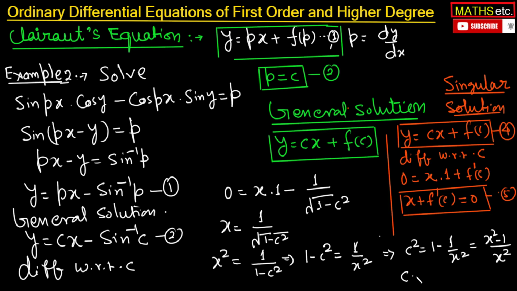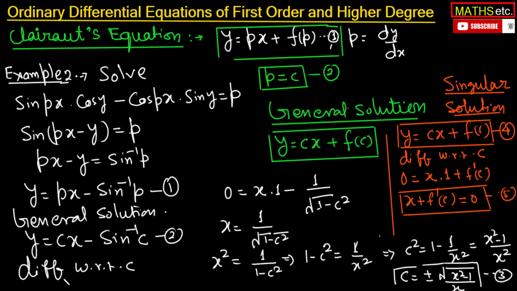Solving it for c, this will be c equal to plus minus square root of x square minus 1, the denominator will be simply x squared, square root, it will be simply x. So this is the value of c. Now this is equation number 3, and we will find the singular solution by eliminating c between equation number 2 and equation number 3.